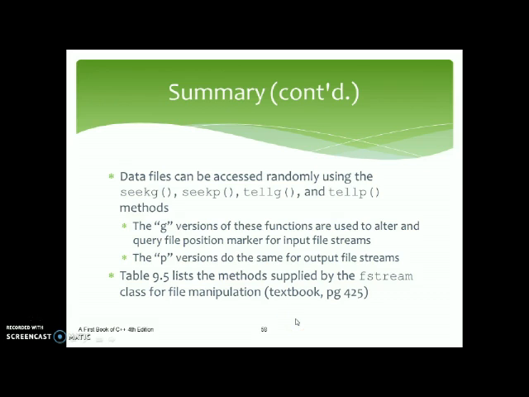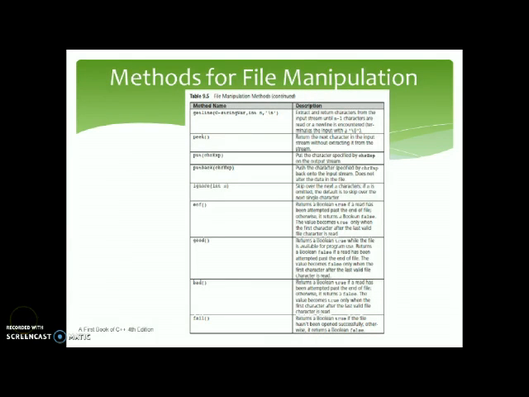Next we are going to look at table 9.5, which lists the methods supplied by the fstream class for file manipulation. This is in your textbook. The getline method that we used previously, passing the file stream object as a function argument, is used to extract and return characters from the input stream until n-1 characters are read. So if the user enters some input, you read it until n-1 characters.